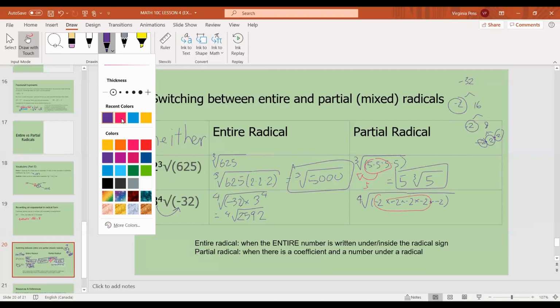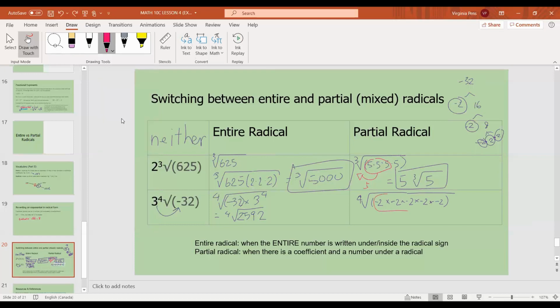Over here we have a group of 4. We can take out a negative 2, which will give us negative 2 times the fourth root of negative 2. All right, and that's our answer.